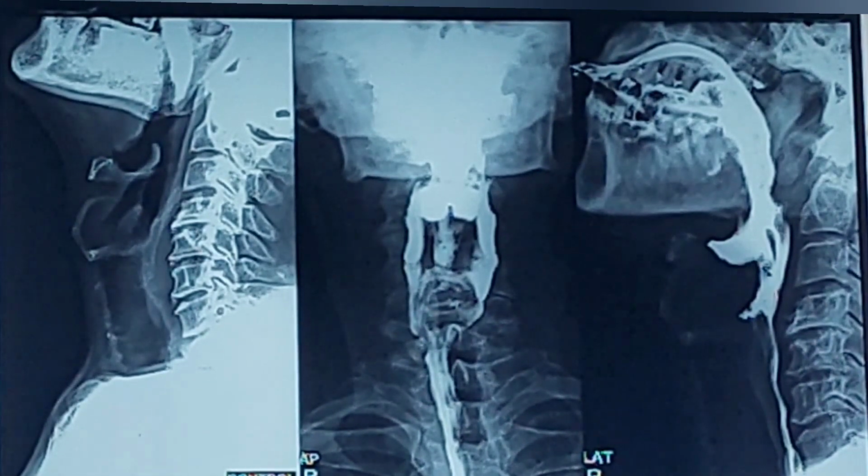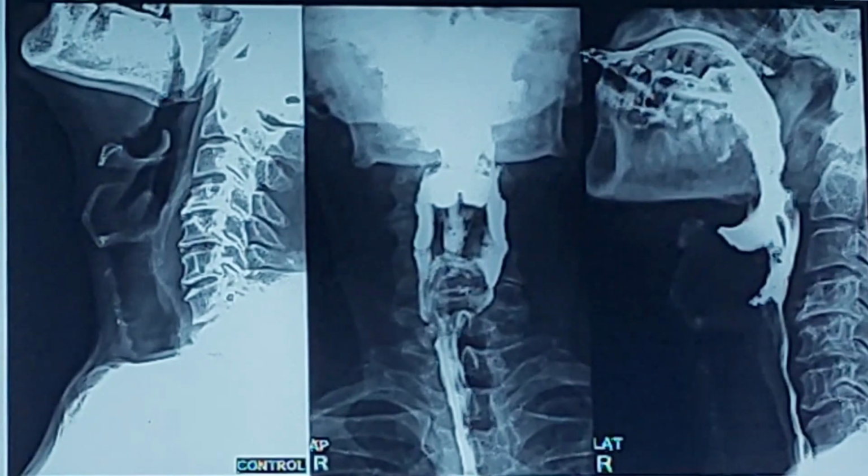The films are taken during swallowing and immediately after swallowing, and it takes about 10 minutes to complete the investigation. We can see any stricture in the esophagus, whether achalasia cardia is there or not, enlargement of the left atrium, or any mass or tumor projecting in the lumen of the esophagus. There are so many indications for this barium swallow study.